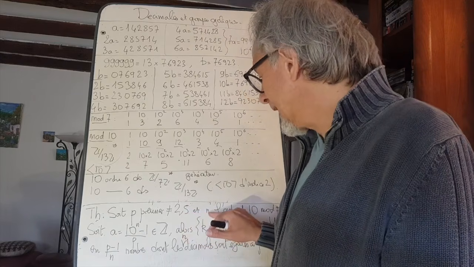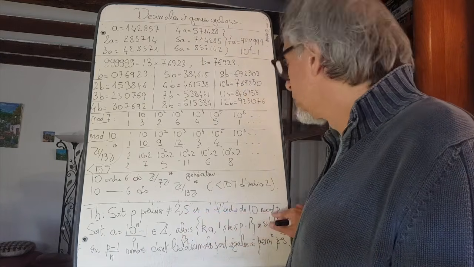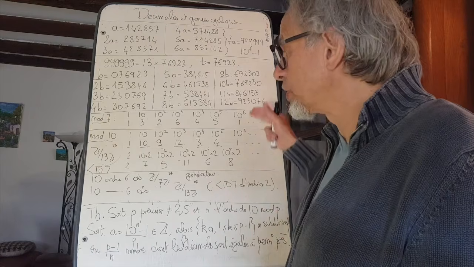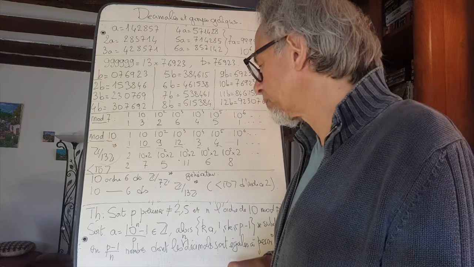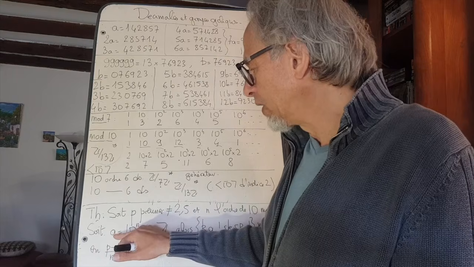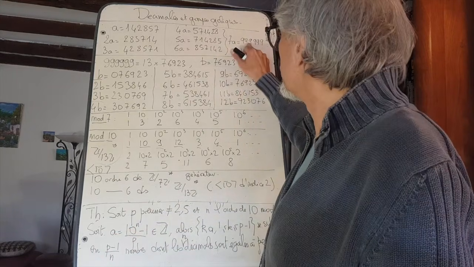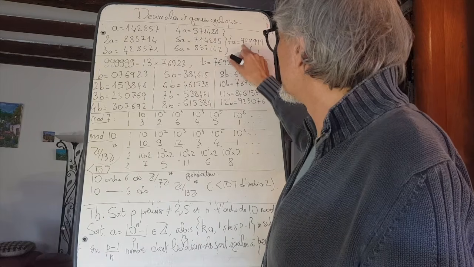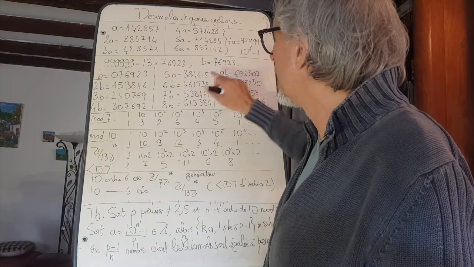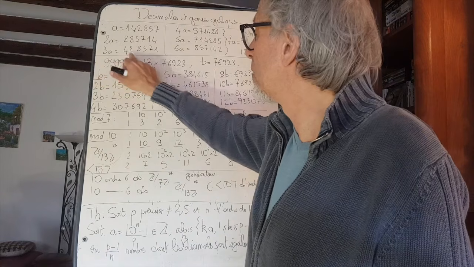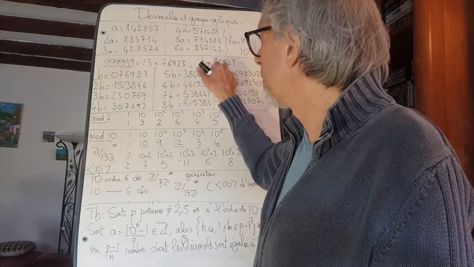I'm going to call n the order of 10 modulo P. Here it was always 6. And I'm going to look at the number A equals (10^n - 1)/P. That's exactly what we did here: (10^n - 1)/P, that is 1/13 for B.